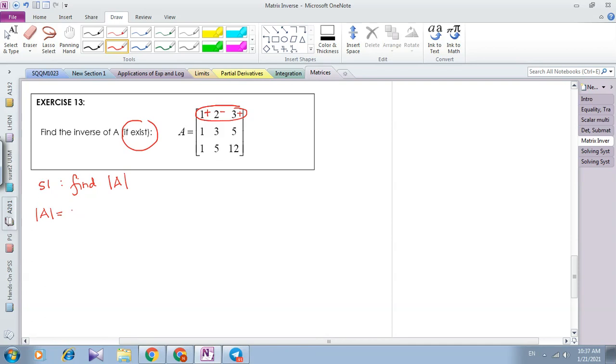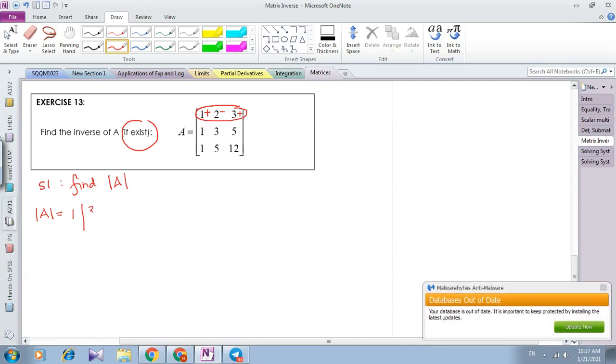It will be positive 1 times the determinant of 3, 5, 5, 12.